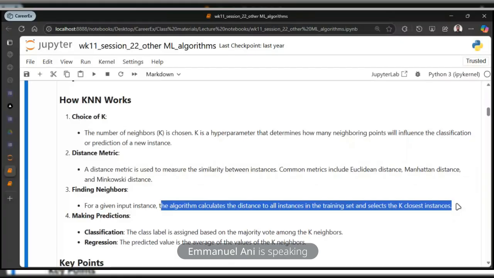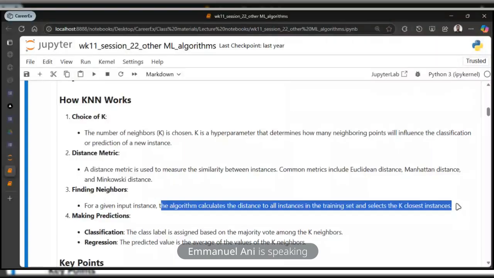It now ranks them from nearest to farthest, and then based on the K that you selected, it will select the K nearest ones, calculate the class to which each of those data points belongs, get the highest class, and assign the new data point, the one you want to predict, to the class with the highest number of data points.